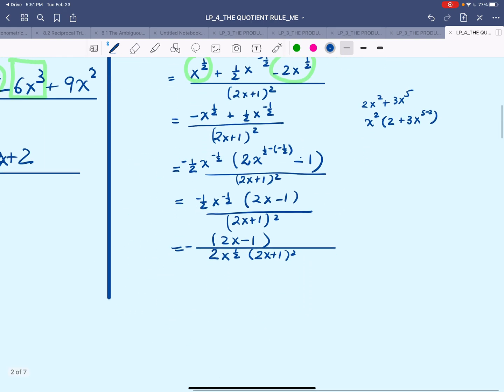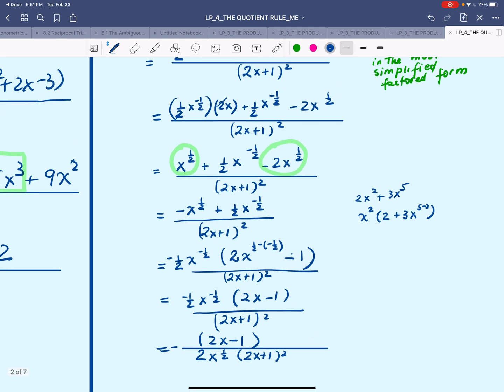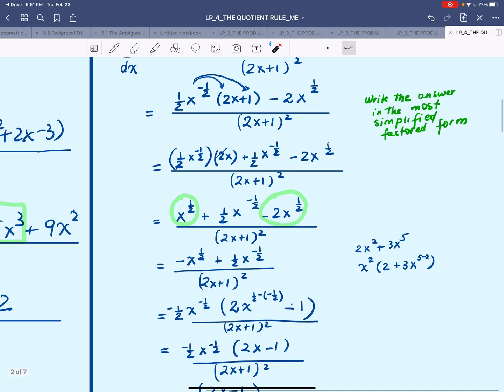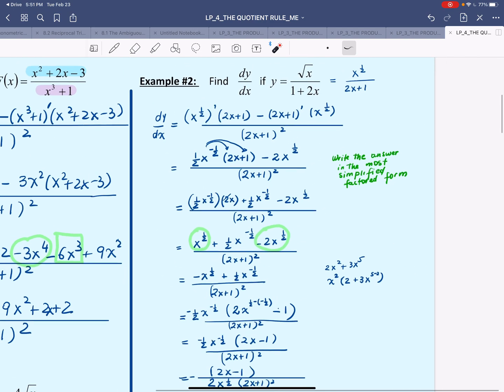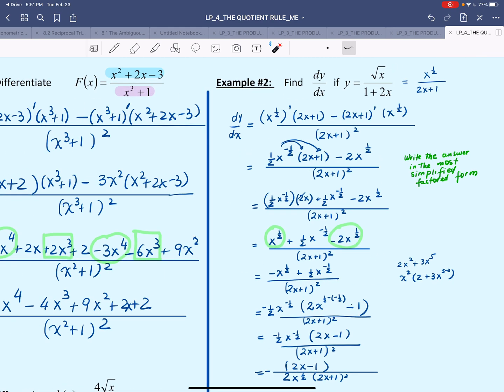Another alternative way of simplifying this would be by going from this step and factoring out x to the negative 1 over 2 right away, okay? So, right here. So I'm going to go over another method of differentiating root of x over 1 plus 2x.